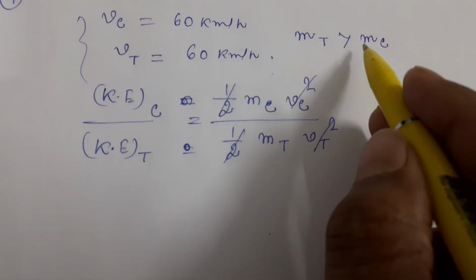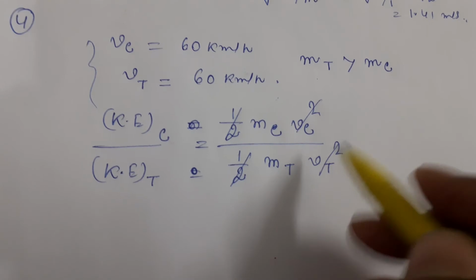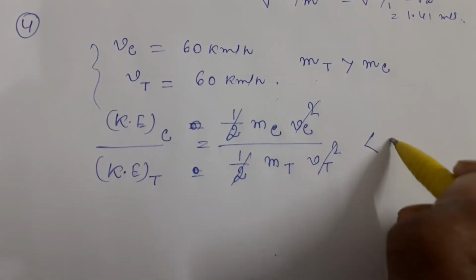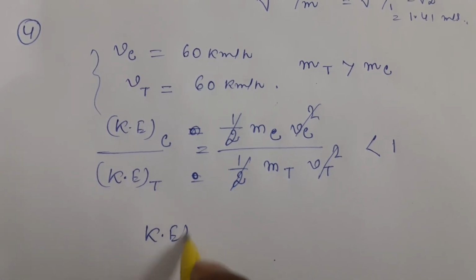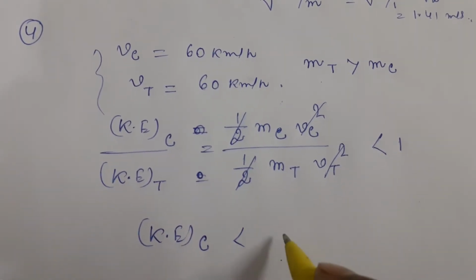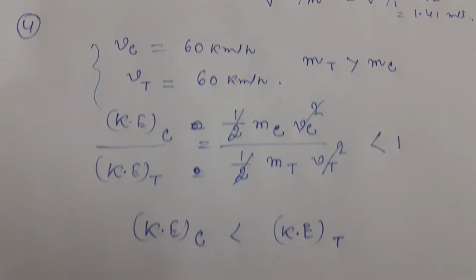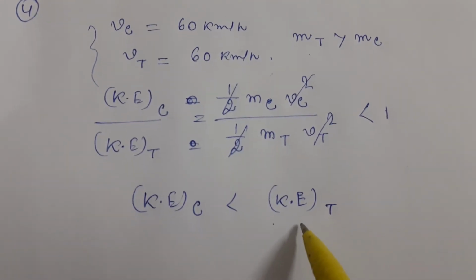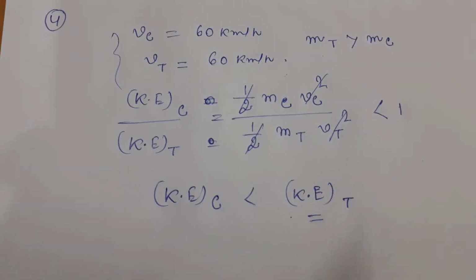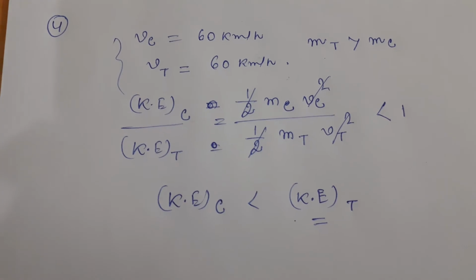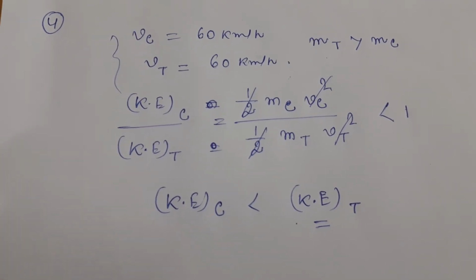So comparing the mass of the car and the mass of the truck, this ratio is definitely less than 1. So the kinetic energy of the truck will be more, because the mass of the truck is more. That will be the answer.